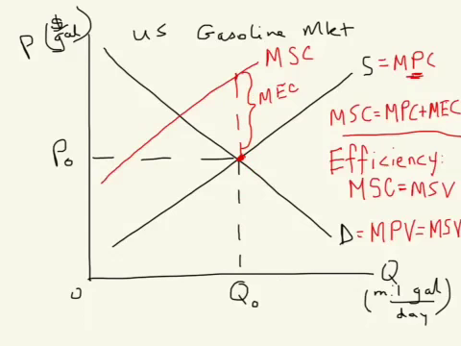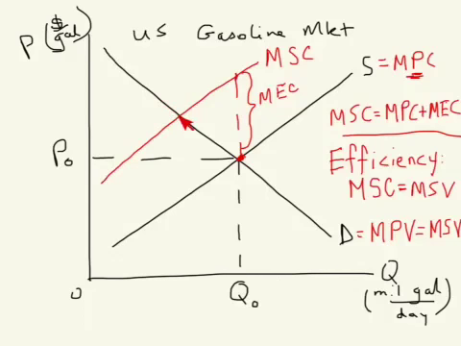efficient outcome. Notice that from the point of view of society, another unit of gasoline should be produced as long as the benefits of that unit of gasoline are greater than the costs of that unit of gasoline. So, all these gallons that I'm indicating via this red arrow are valued higher than their social costs of producing them.